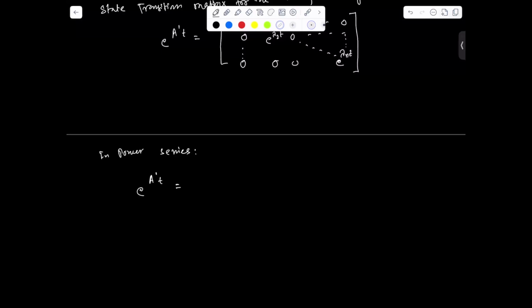For the original system, the state transition matrix had I plus A t, the same structure, but here the system matrix will be different for the transformed system: I plus A dash t plus A dash square t square divided by 2 factorial plus A dash cube t cube divided by 3 factorial, and we'll move on.